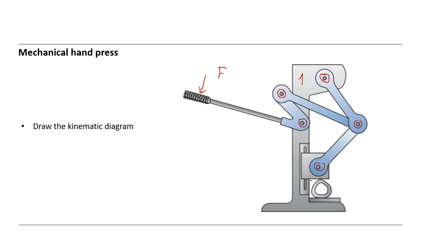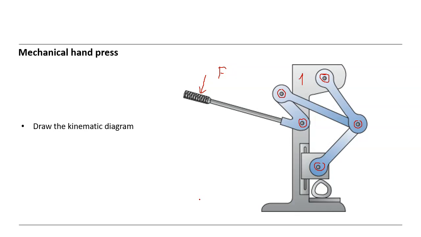And here we have a slider. That means we have a prismatic joint here. We have a revolute joint, revolute joint, revolute joint, and here a prismatic joint. And we use it, let's say, to reshape this part here. It's like a small hand press.